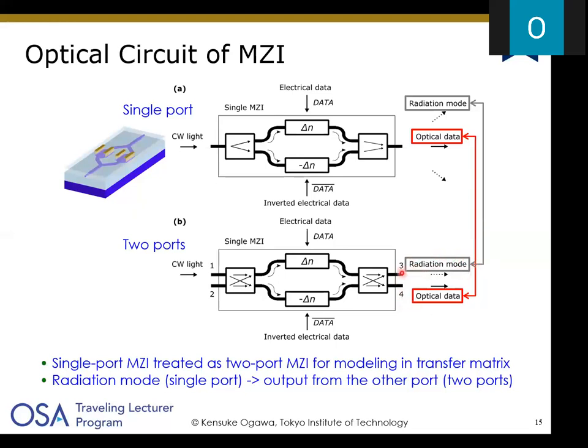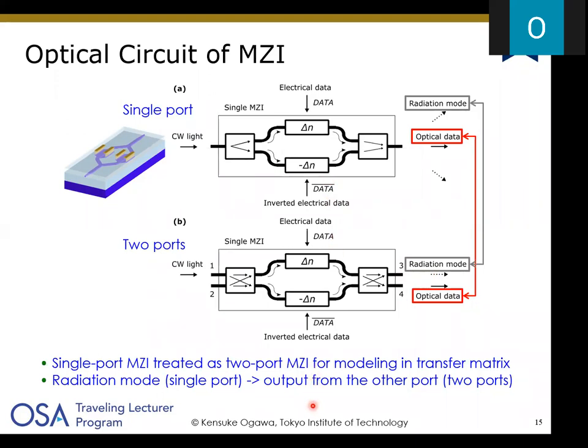So one of these two output ports is used for the optical signal transmission, and the other one is unused. This port can be regarded as a radiation mode in the case of single input and output port Mach-Zehnder interferometers.